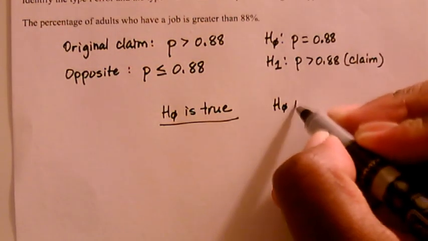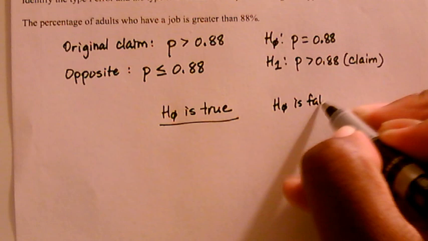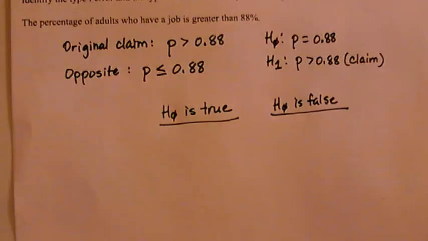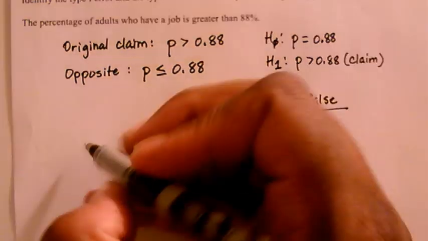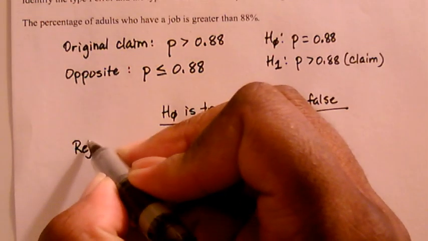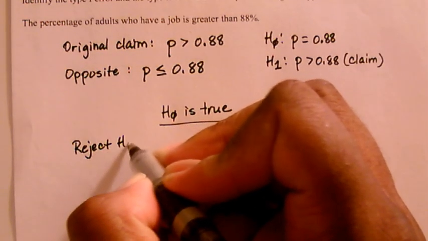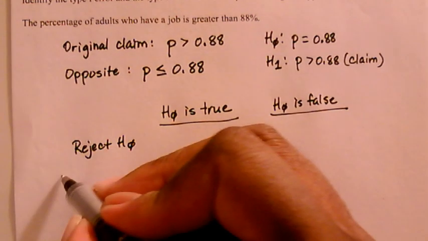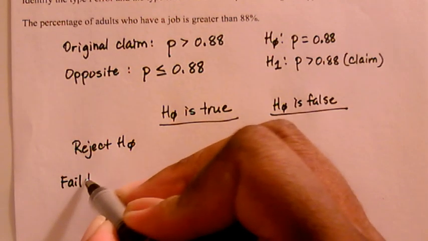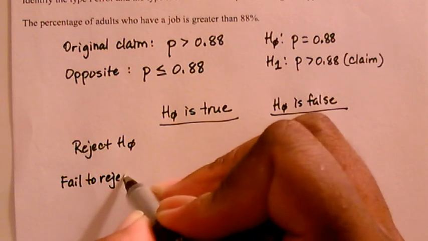The null is either going to be true or the null is going to be false, because you're always going to test the null to see if it's either true or false. And you're going to use the null to either reject the null or fail to reject the null.